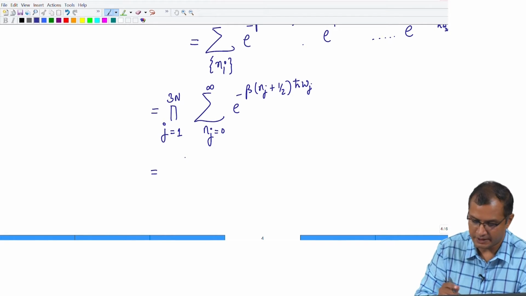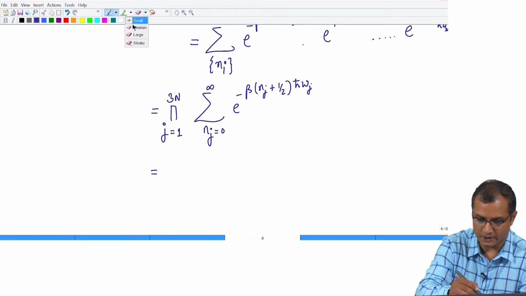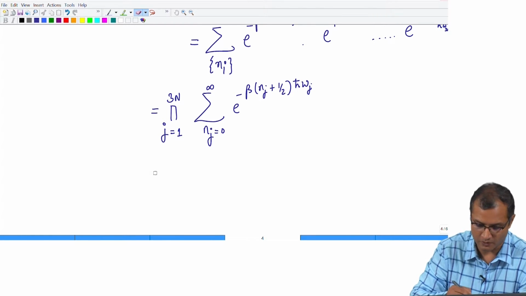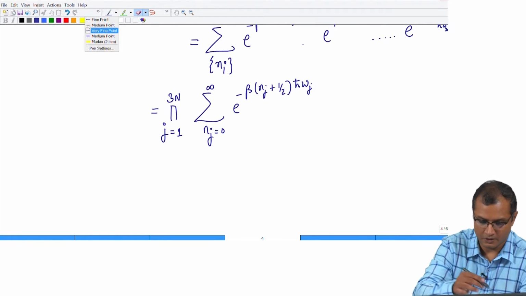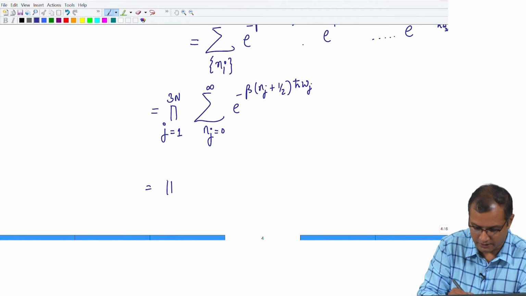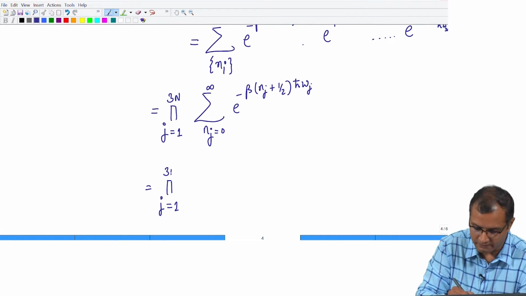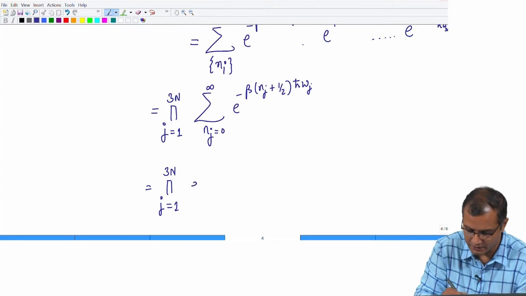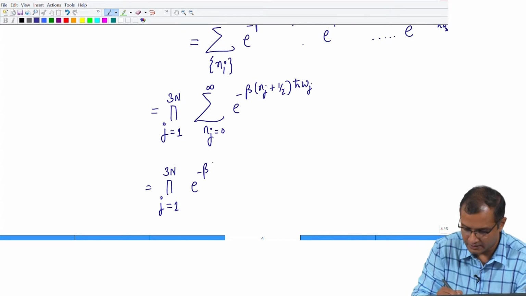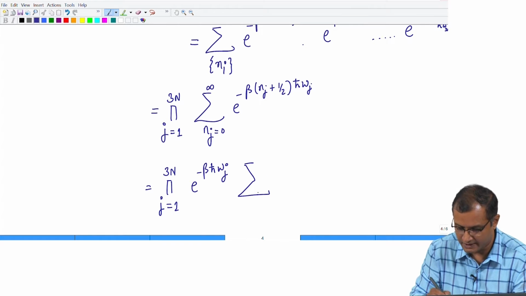I can do it this way: the summation does not operate on omega j, it only operates on n j. So, the omega j is operated on only by the product. So, I can take e to the power minus beta h cut omega j outside, and the summation operates only on n j's.